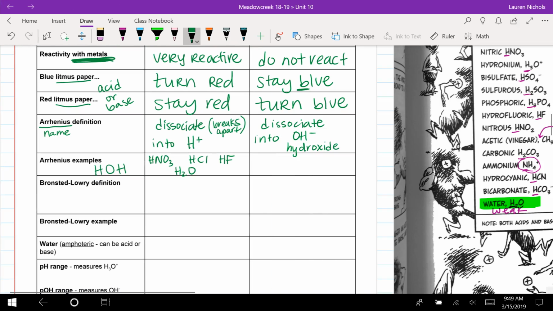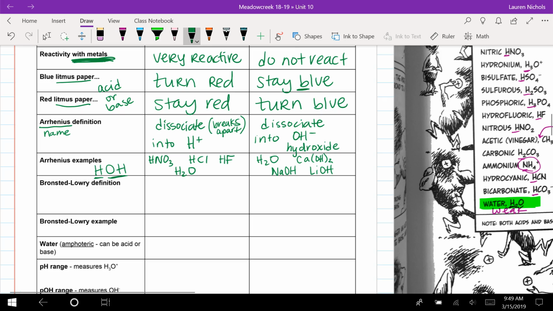It has the hydrogen in front, so it needs to be considered an acid, but it has the OH, so it also needs to be considered an Arrhenius base. Arrhenius bases, because they produce hydroxide in solution, could be something like calcium hydroxide, sodium hydroxide, or lithium hydroxide. Any of the hydroxides are going to be considered bases.